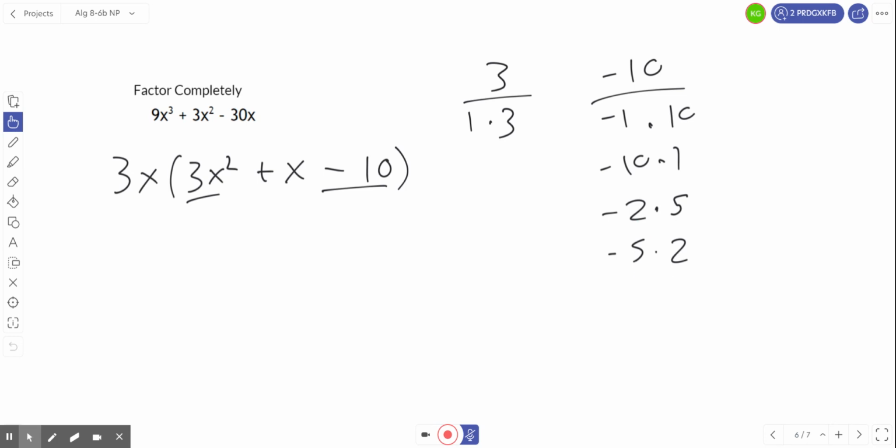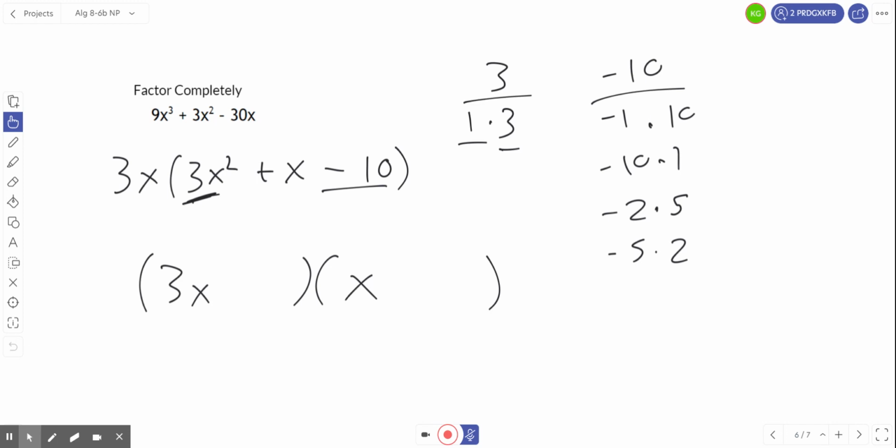I need them to add to 1, and one of them is going to get multiplied by a 3 because my first terms are going to be 3 and 1. So 3x and 1x, or just x. And so it looks to me like if I have a positive 10 and a negative 1, no, that won't work.